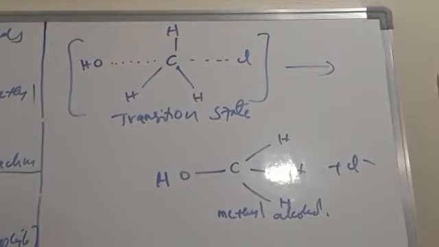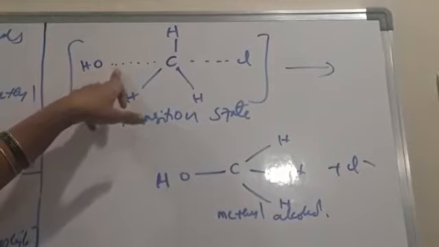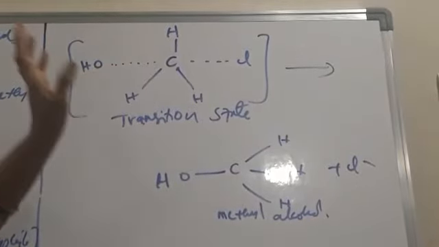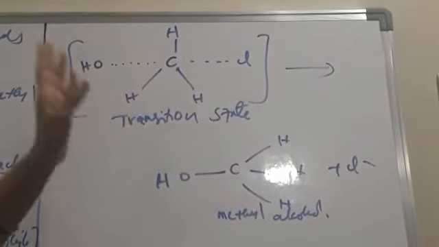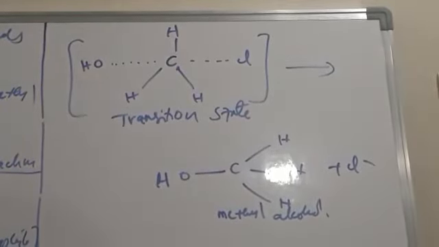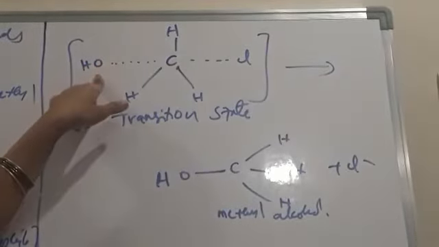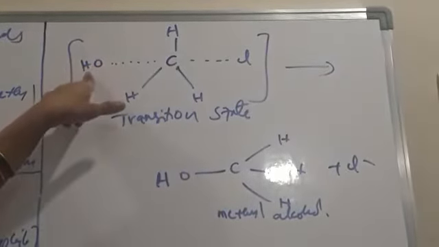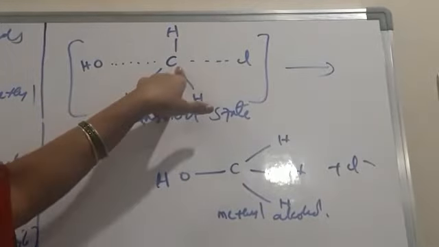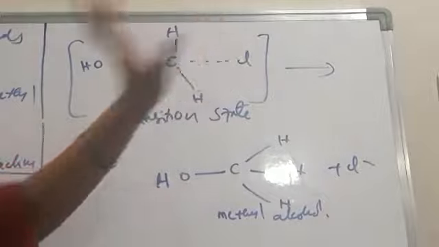So in the transition state we observe two things. One is formation of a new bond between nucleophile and carbon, and breakage of the old bond between carbon and the already existing group, which is called the leaving group. So Cl is the leaving group, OH is the entering group. New bond formation takes place between OH and carbon, and old bond breakage between carbon and chlorine.